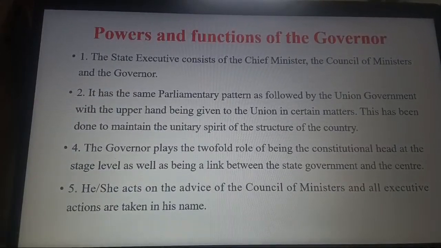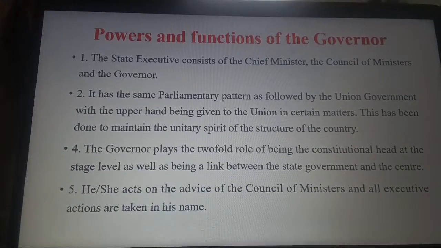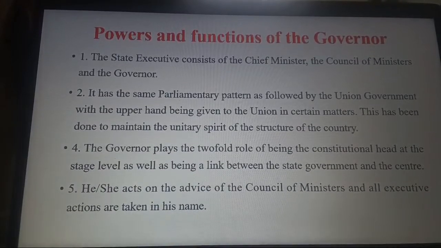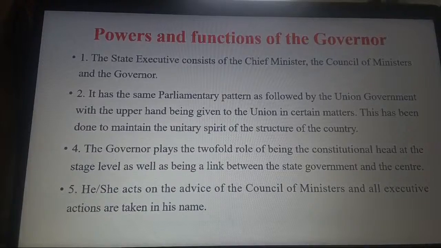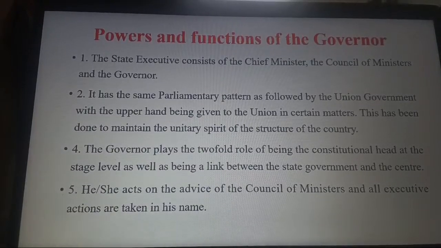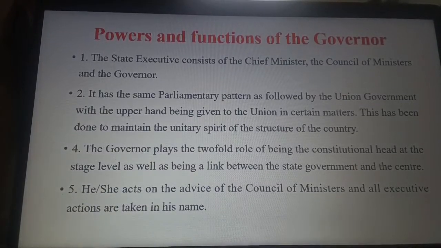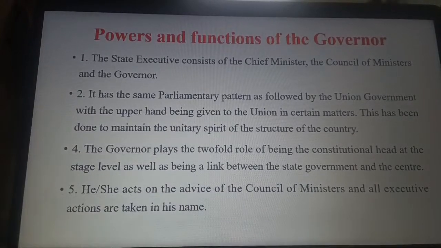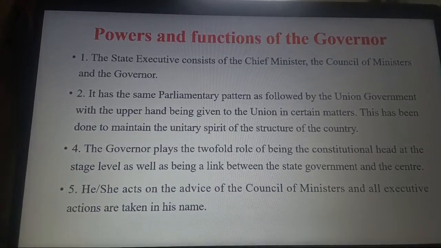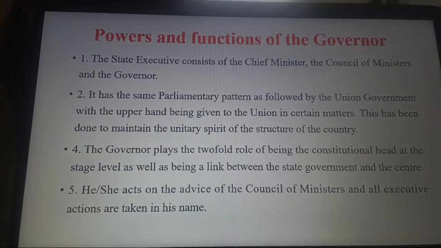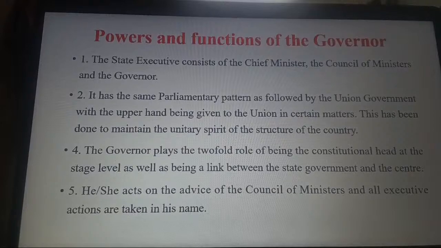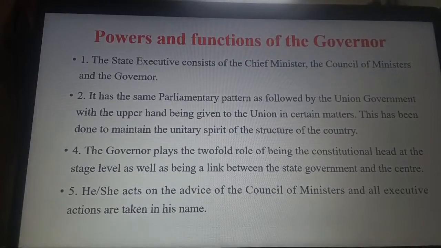Powers and functions of the Governor. The state executive consists of the Chief Minister, the Council of Ministers, and the Governor. It has the same parliamentary pattern as followed by the Union government, with the upper hand being given to the Union in certain matters. This has been done to maintain the unitary spirit of the structure of the country.